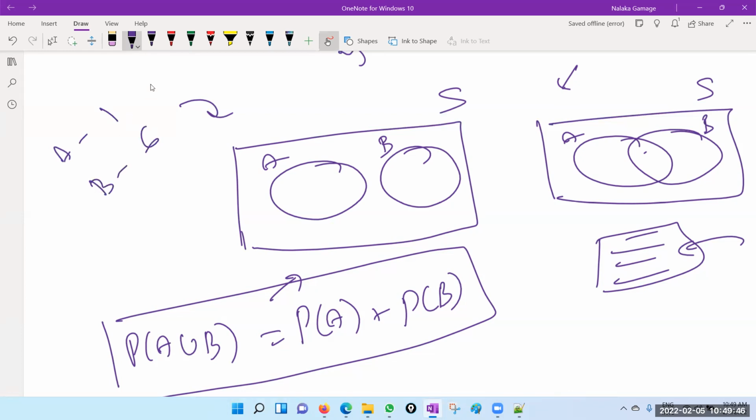We know that P(A) is 1/6 and P(B) is 1/6. Then what is the probability of getting 1 or getting 6? That is 1/6 plus 1/6, which is 2 divided by 6. Why can we add it? Because those events are mutually exclusive.